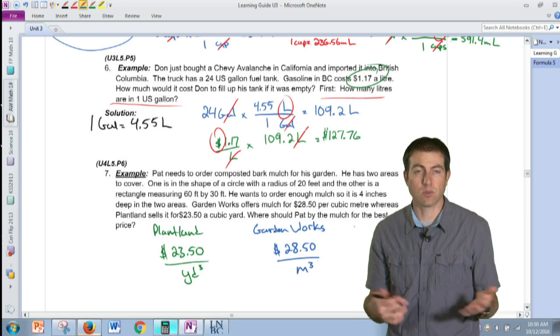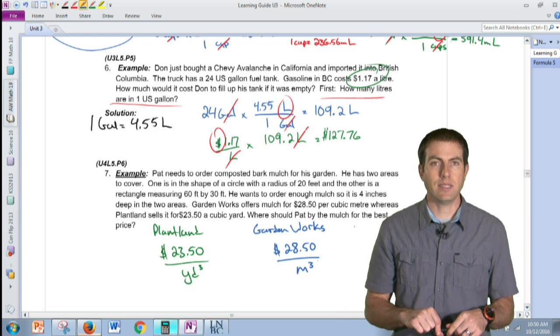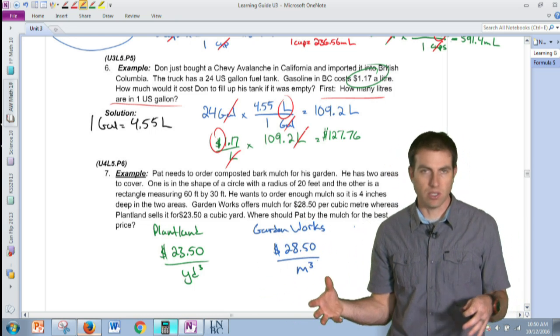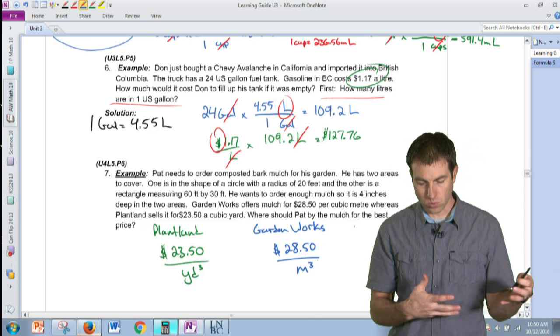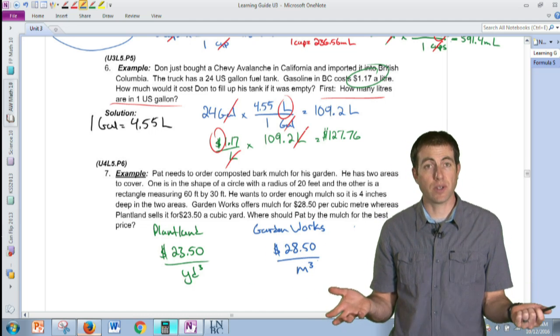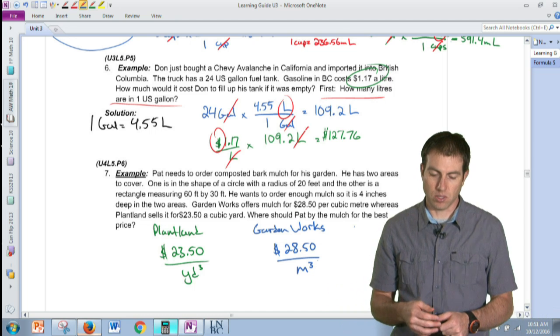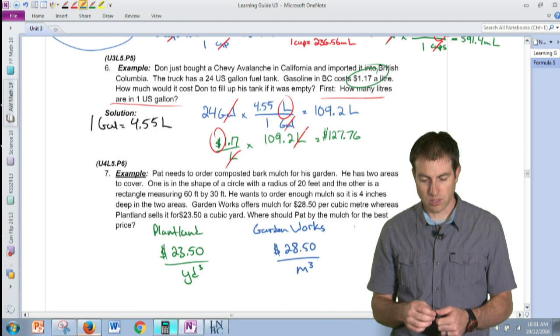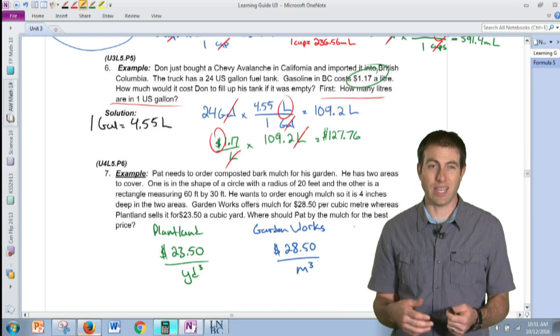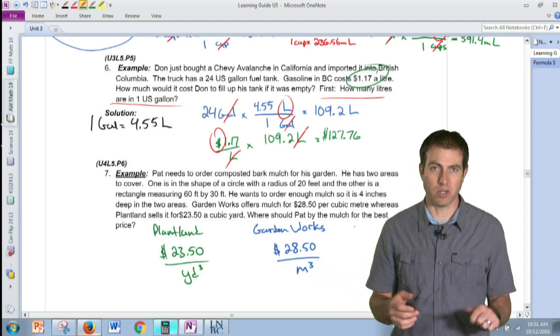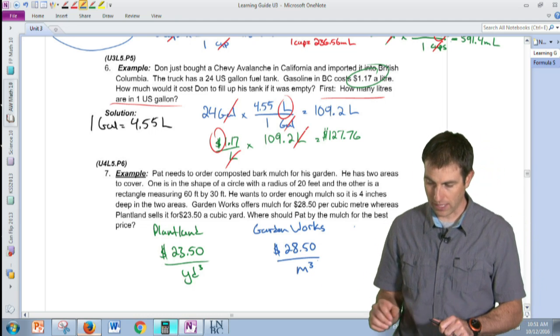And the question asks, which one's the better deal? So instead of calculating the volume of a circle of this size and a whatever rectangle of this size, let's just figure out which one's the better deal. In the course, it goes into all these volume calculations and this and that, and I'm like, it doesn't really matter. We just want to know which one's a better deal because that's what the question's asking.